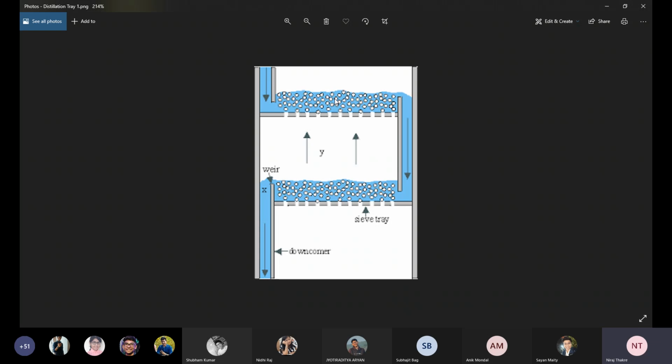So which portion of the distillation column has the highest pressure? Top or bottom? Top section or bottom section?